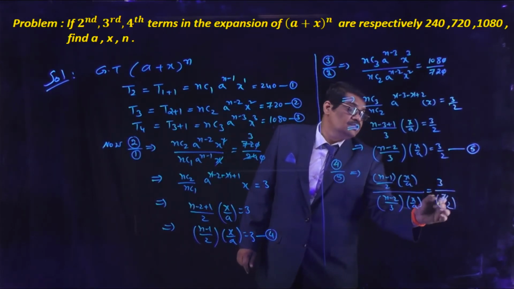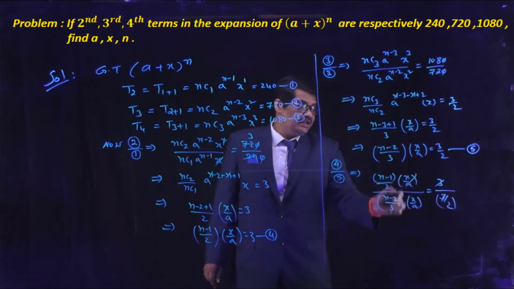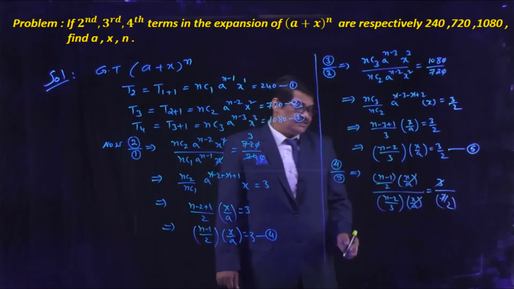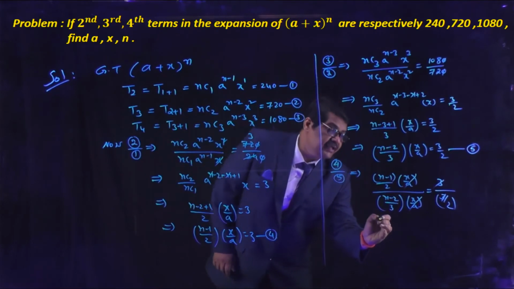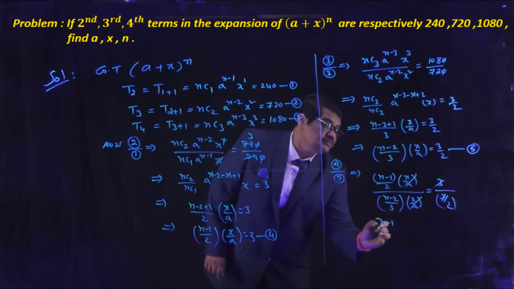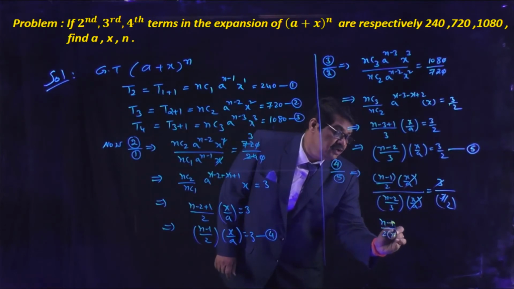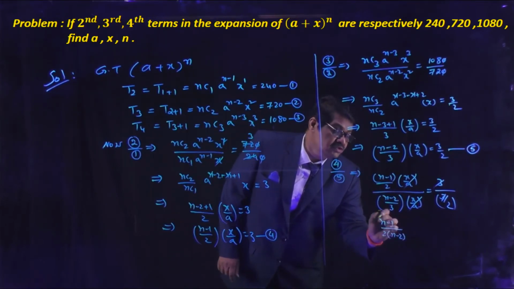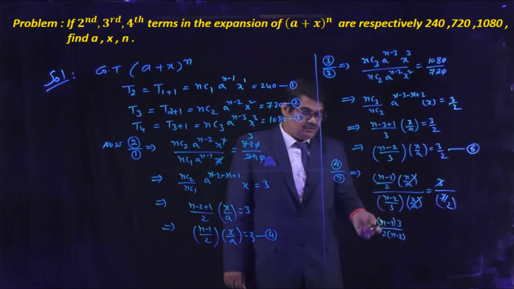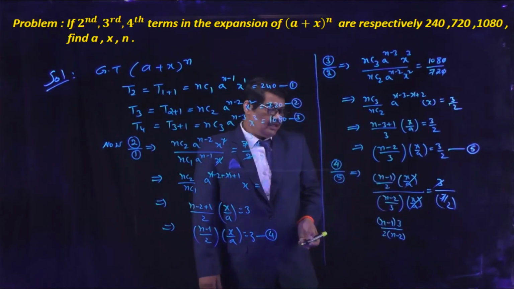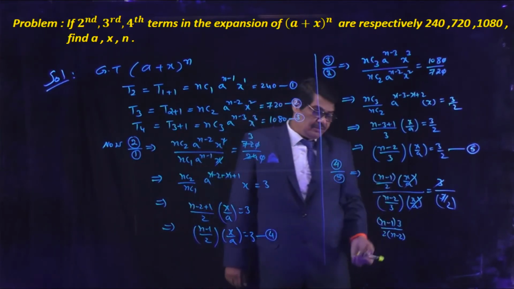So this 3 will be cancelled and x by a will be cancelled. So now we write (n minus 1) by 2, with n minus 2 moving to the denominator. Here 3 is moving to the numerator, and this 2 is coming to the denominator.